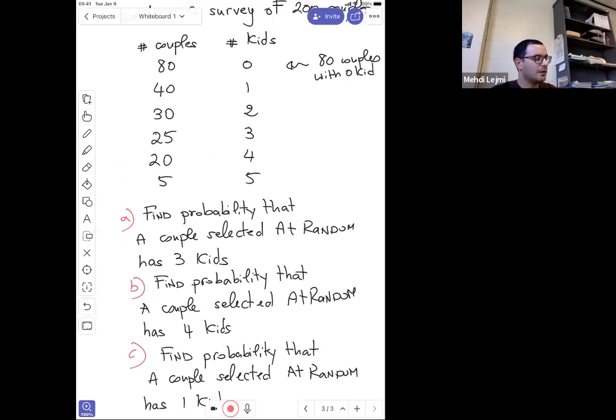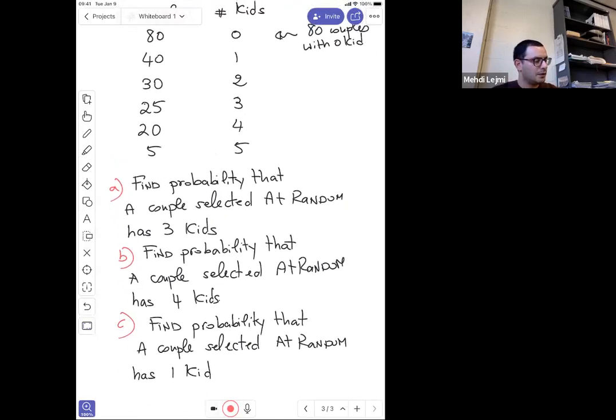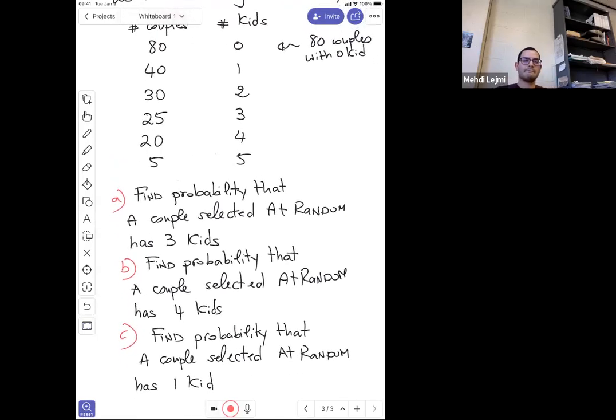All right. So don't forget, it's the frequency of the event over the size of the sample. All right, guys, you have a couple of minutes to think about this. I think if you know how to solve A, then B and C are very similar to A. So if you know how to answer A, then you are good for B and C.